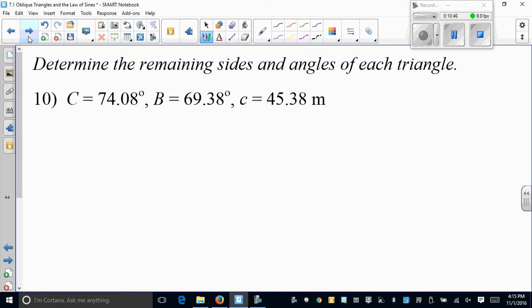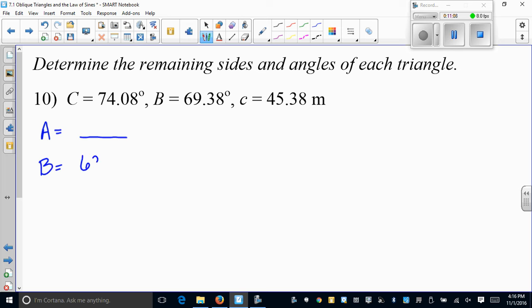Okay, so number 10, determine the remaining sides and angles of each triangle. So we're going through the same thing. Angle A, they didn't tell us. Angle B is 69.38 degrees.